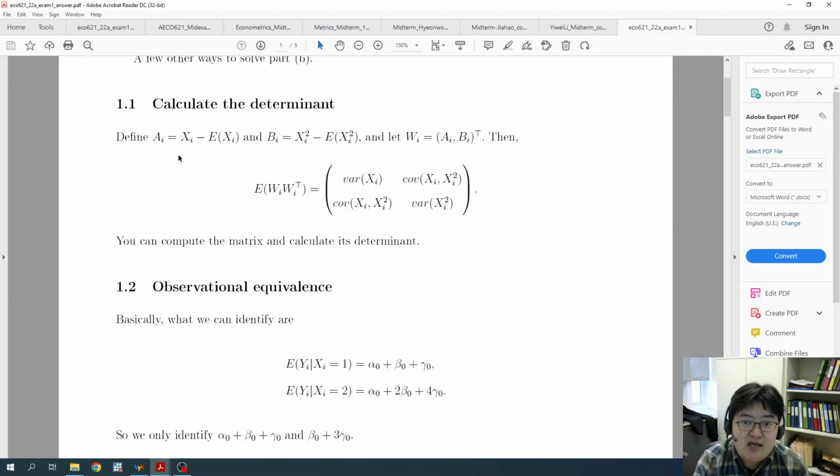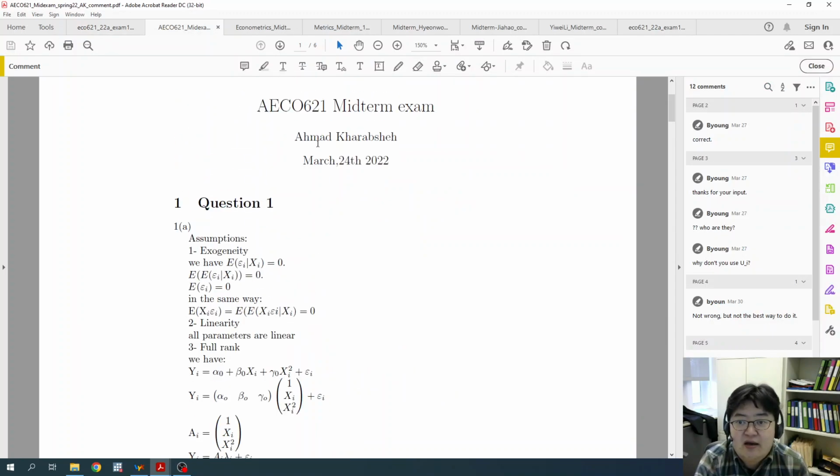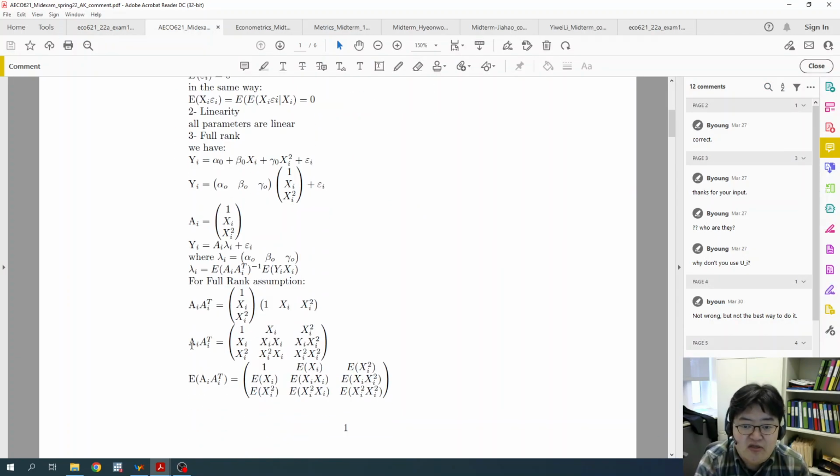In this case, Ahmad considered this matrix. This is correct. This is what you had to do. You have to calculate the expected value of the 3 by 3 matrix, and then calculate its determinant.